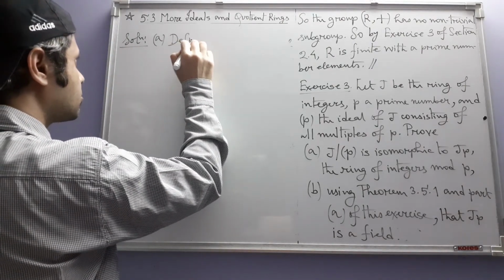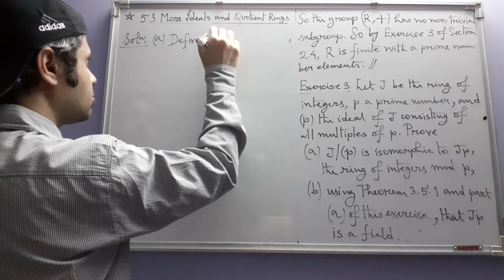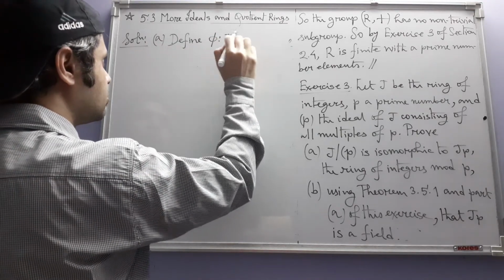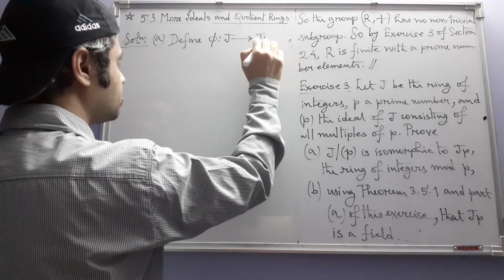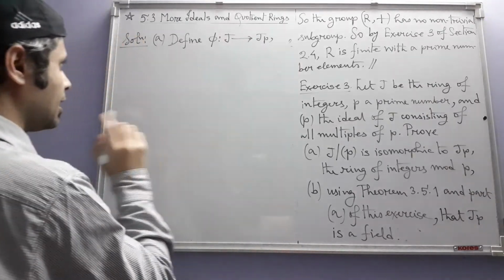So define a function phi from J into J_P like this.